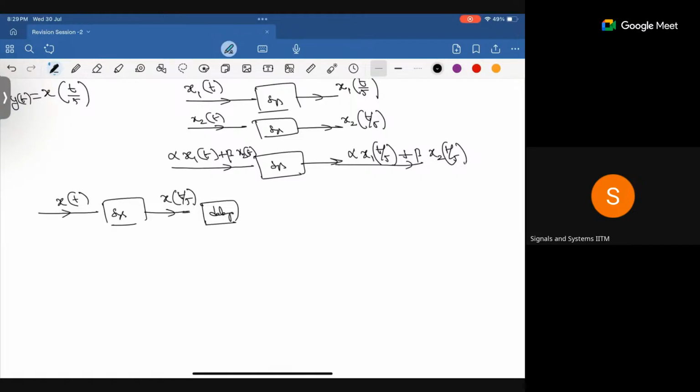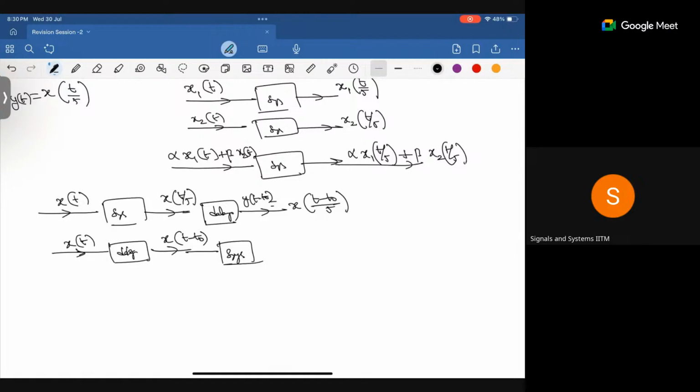So when you delay, what happens? The output will be x of t minus t naught by 5. Right? So it's basically y of t minus t naught. Whereas if you input x of t to the delay operator, it will just delay your signal by t naught. Then if you input that to the system, what does the system do?